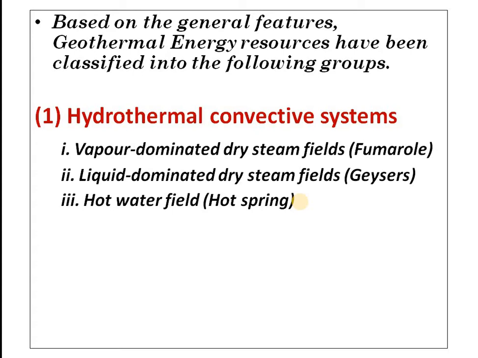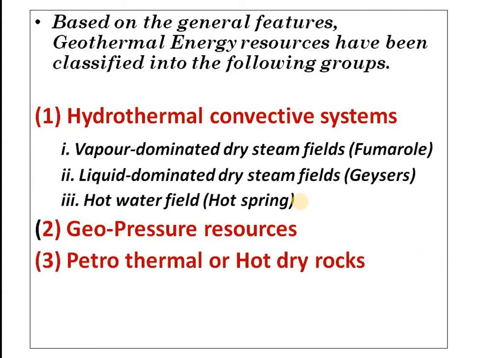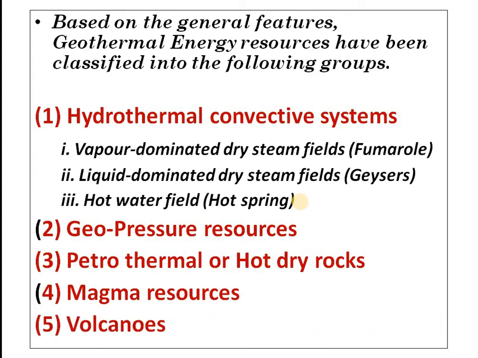The second one is geopressure resources, the third is petrothermal or hot dry rocks, the fourth is magma sources, and the fifth is volcanoes. So let us see one by one.